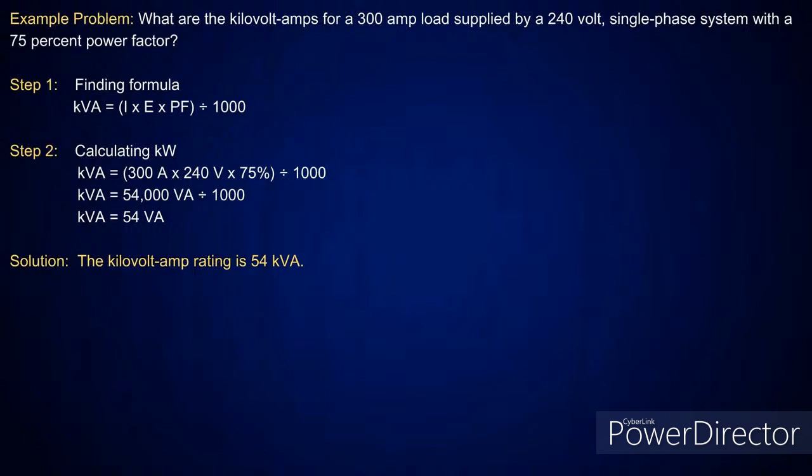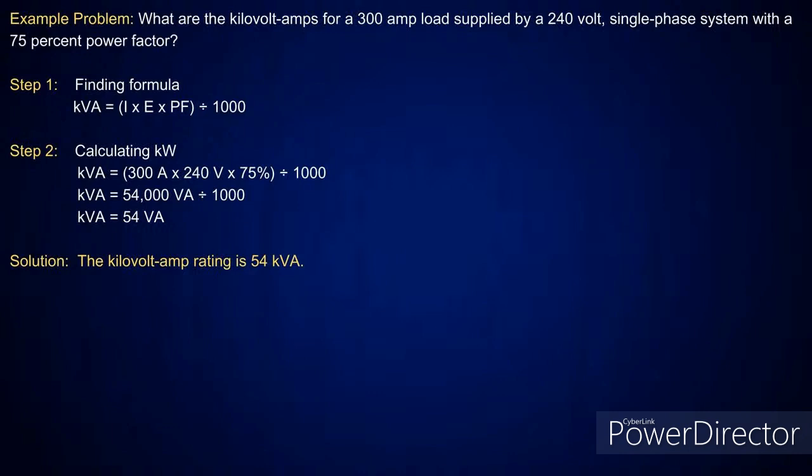Okay? Now, this one, I'm going to look at getting the kilovolt amp rating. Now, this is a little different because instead of coming back like I was the other, I'm trying to get to a rating. Okay? So in other words, I'm looking for the kilovolt amps where I have a 300 amp load supplied by a single phase 240 volt system with a 75% power factor.